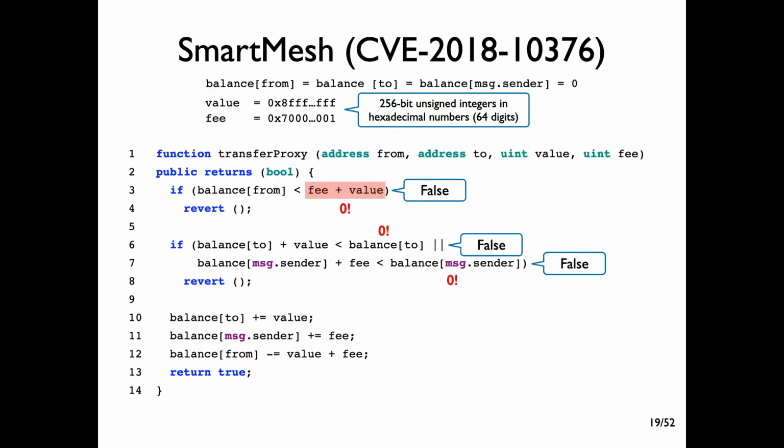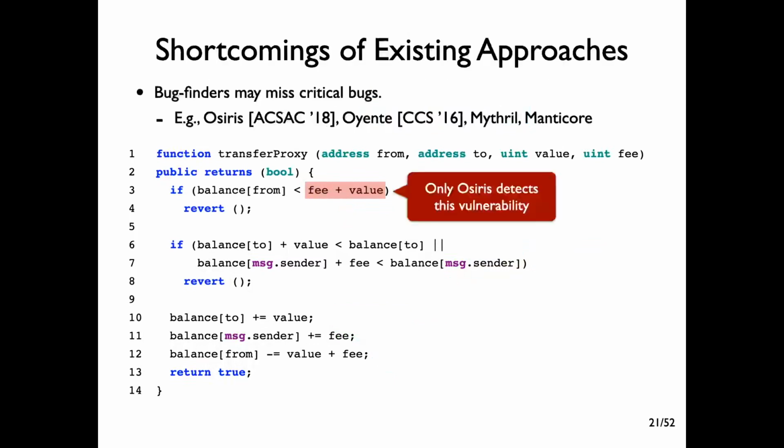With these inputs, we can bypass the guard statements because all three conditions now evaluate to false. Consequently, the statements from line 10 to 12 are executed. Observe that a huge amount of illegal tokens are now created, even though all three accounts had zero balances initially.